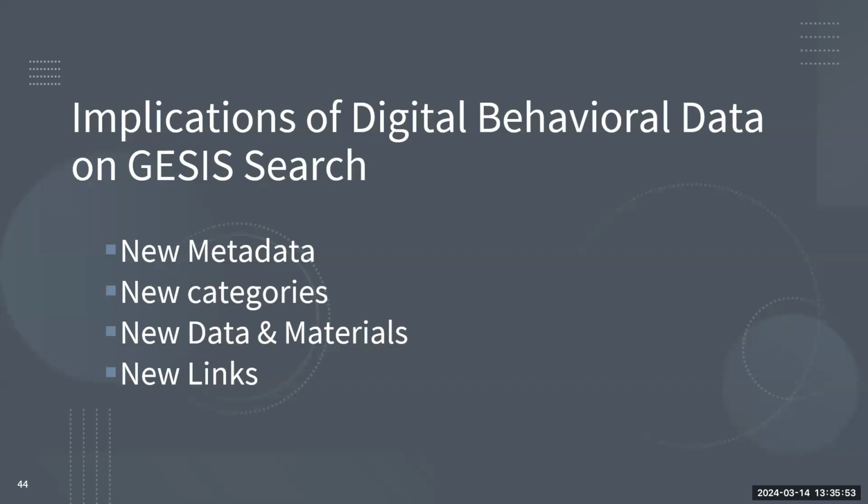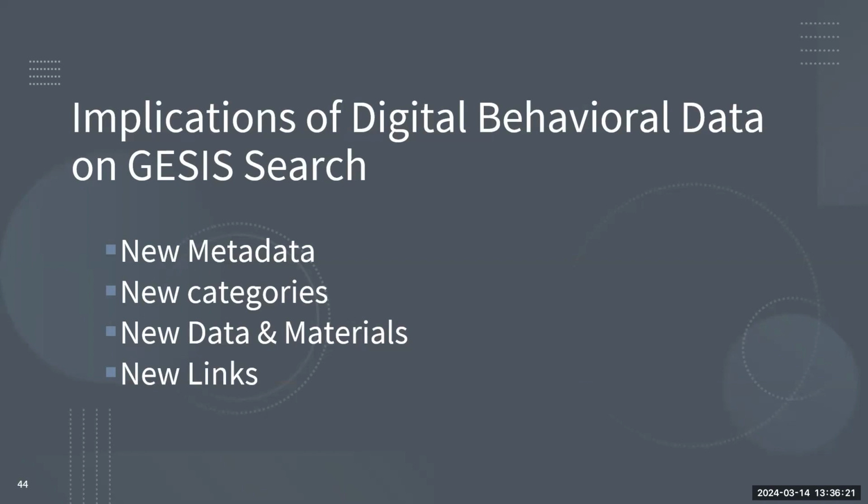These new information types come with new metadata, which also needs to be represented meaningfully on the user interface, also in GESIS search. And we might introduce new categories, for example, for reusable methods which operate on this data, which can later be reused and applied by social scientists.